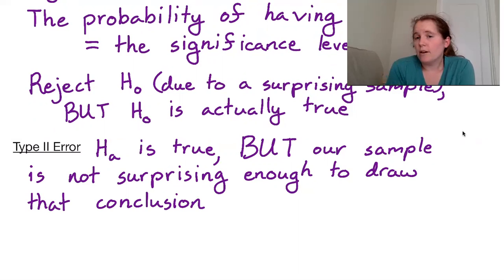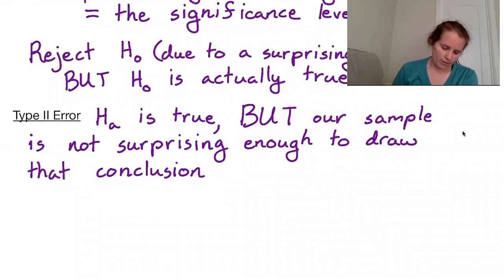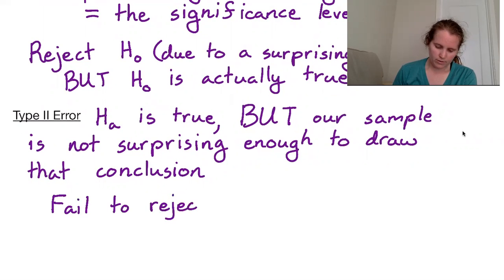So it could be that the true mean, say, is just a little bit above our null hypothesis. And so we could have a sample that is very representative of the true mean, but is not far enough away from our original assumption to prove anything. So again, in the language we had, we fail to reject the null hypothesis.